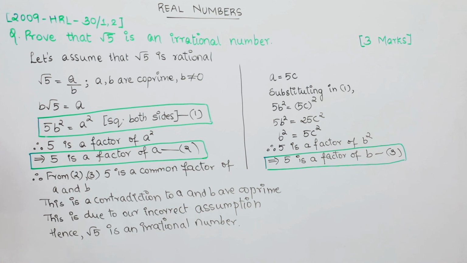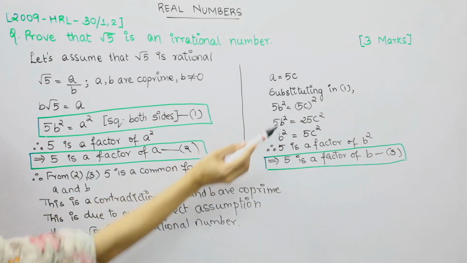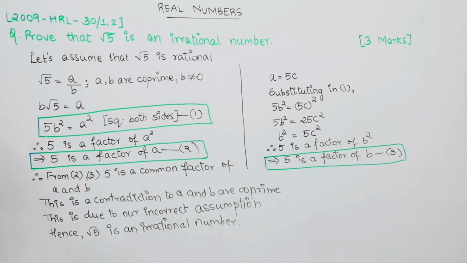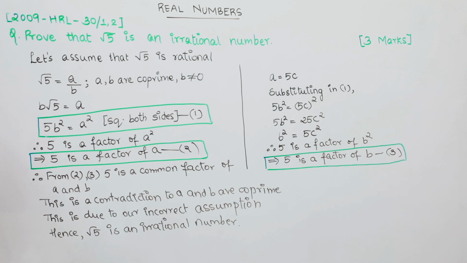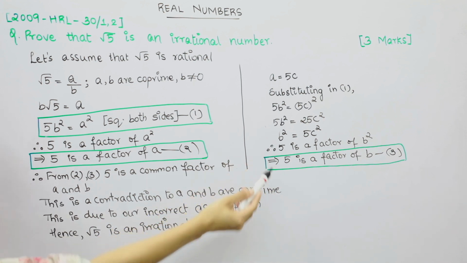If 5 is a factor of a, there has to be a number c such that a equal to 5c. So we substitute this value in 1, we get 5b square equal to 5c the whole square, which becomes 5b square equal to 25c square. Cancelling 5, we get b square equal to 5c square. From this, 5 is a factor of b square, which also implies that 5 is a factor of b.